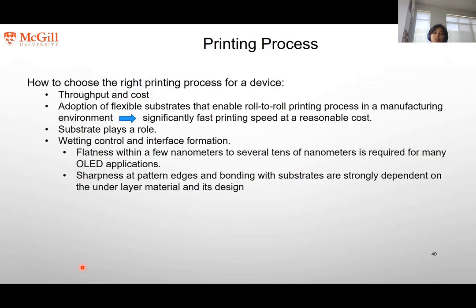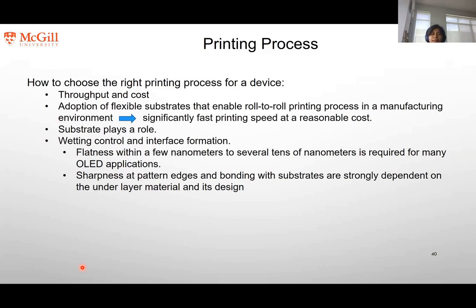Other things to look at are the throughput and cost, because many times we want to fabricate things that are lower in cost, and we also want to get things done faster.